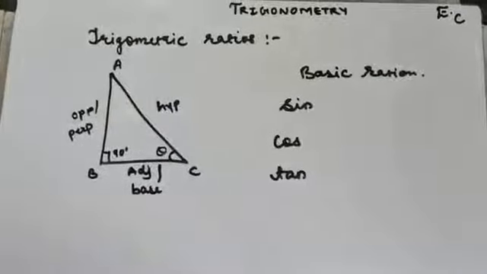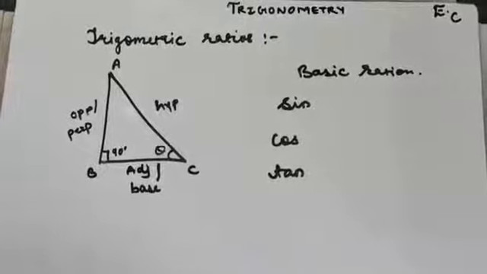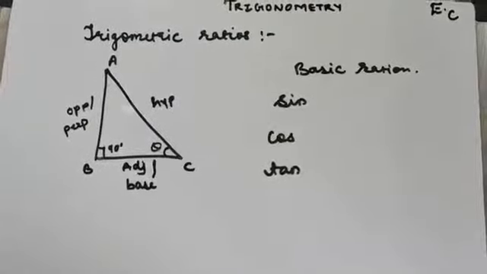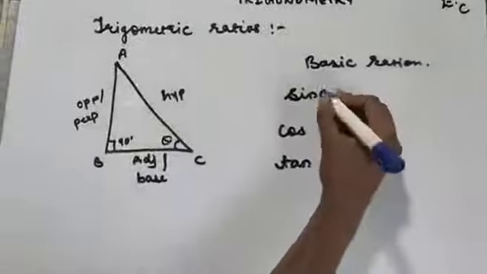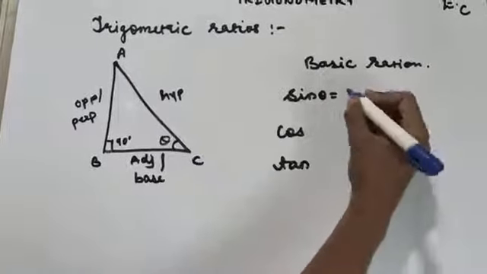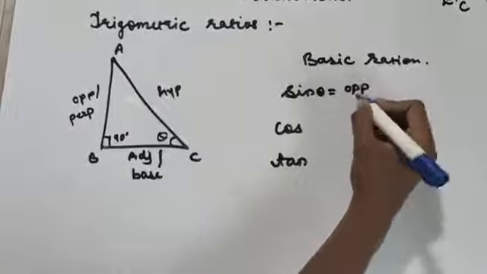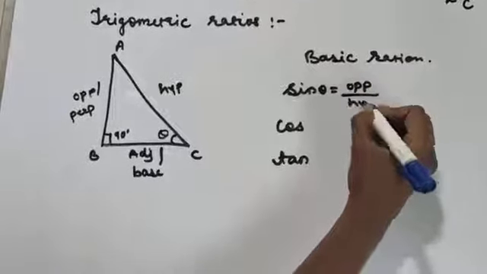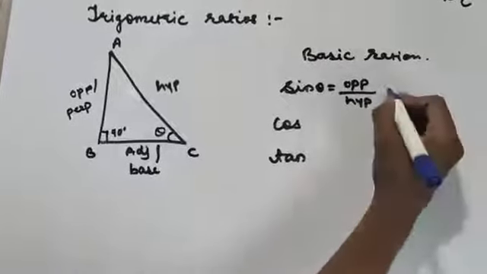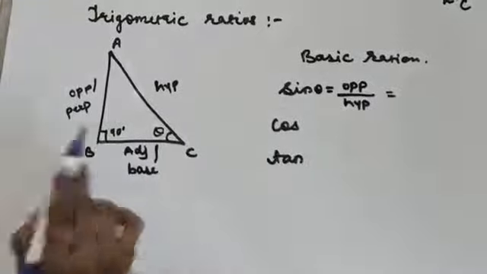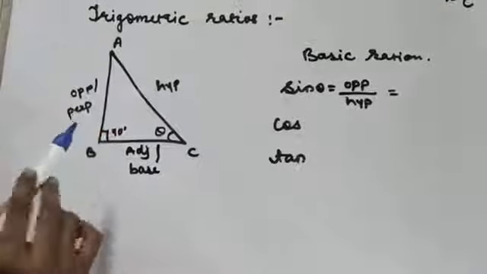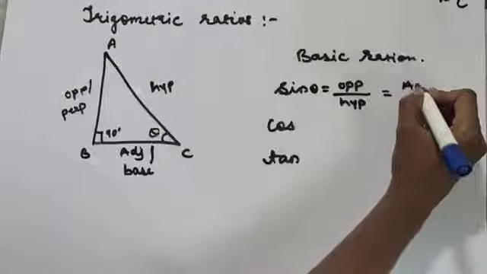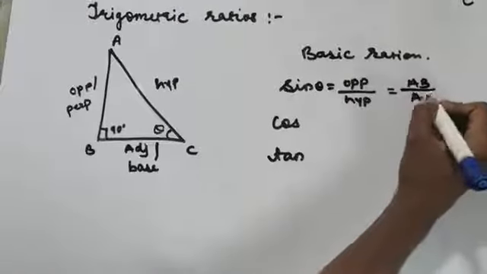Okay, so let us find out the trigonometric ratios. So sine theta is given as opposite side upon hypotenuse. So with respect to theta, the opposite side or the perpendicular side is side AB and the hypotenuse is side AC.